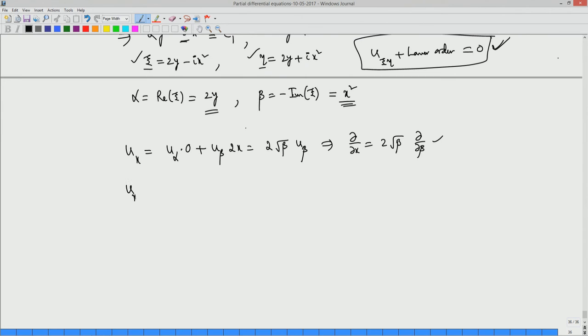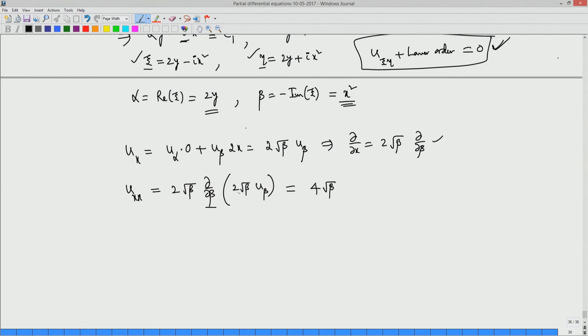This will give me uxx as 2 root beta del by del beta acting on 2 root beta u beta, that is ux. Because it is a constant, you can take it out, this is 4 root beta.